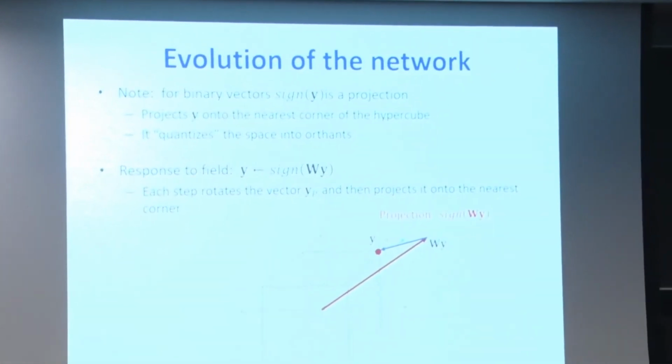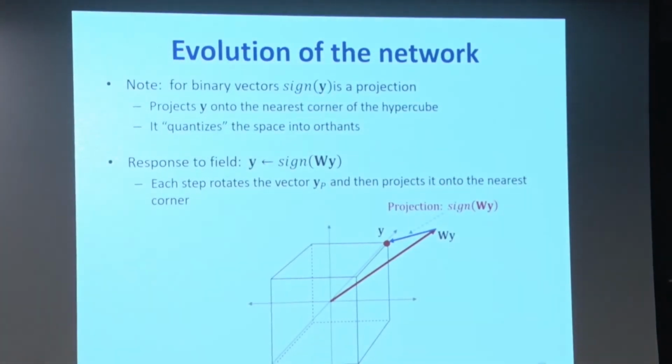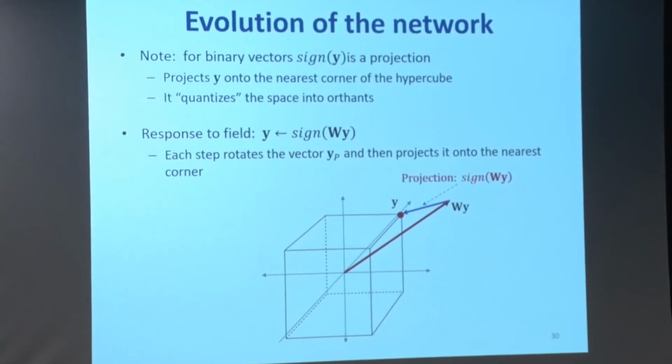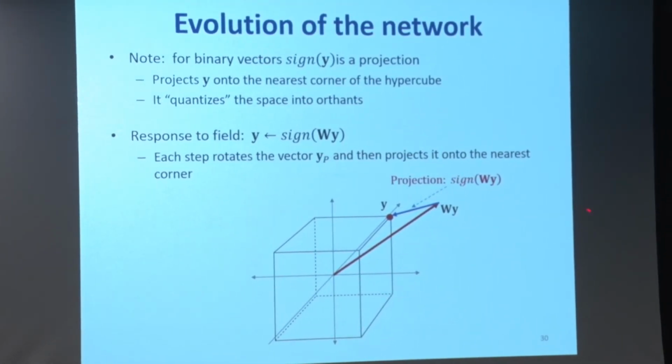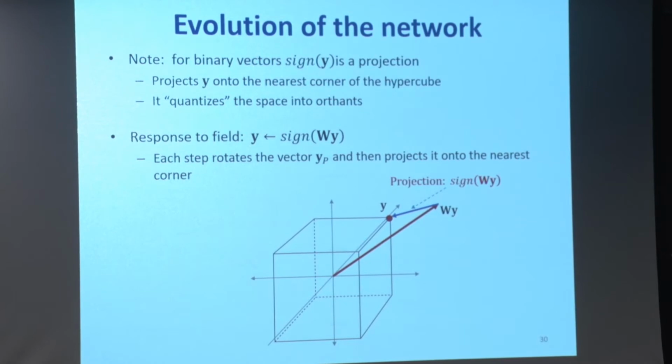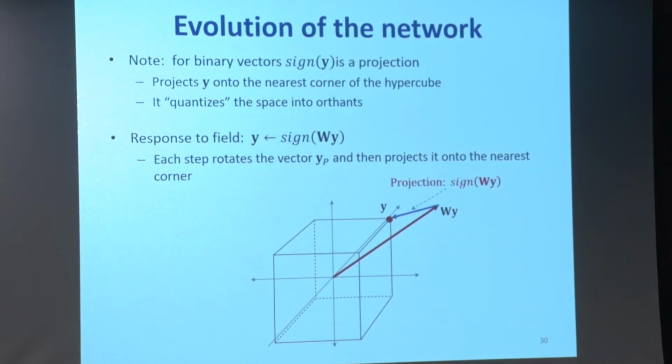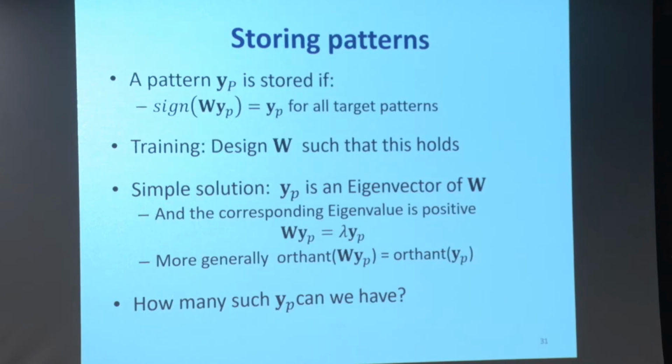So basically, anytime you take a vector y and you multiply it with W, it becomes some other vector. When you take the sign, you're projecting it down onto the closest corner, and a pattern yp is stationary if sign of Wyp equals yp, right? And so for all target patterns, you want this to hold, right?